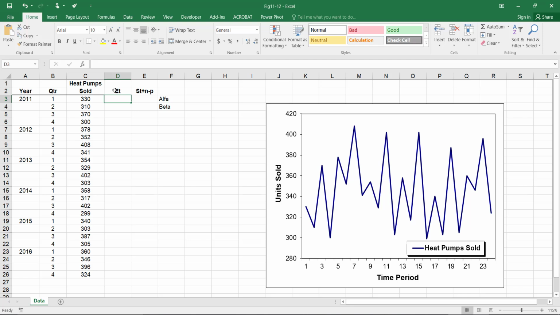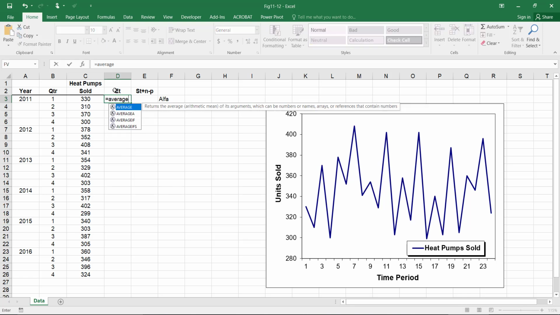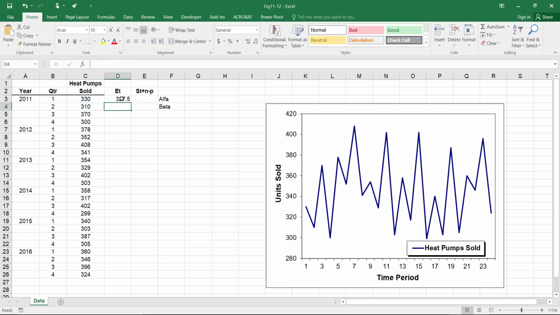So as we just said, for the first period we have to take the average of all the observations. So we can take the average of the first 4 observations, because our seasonal time period P is equal to 4, and we use it for all of the data set for the timeline.